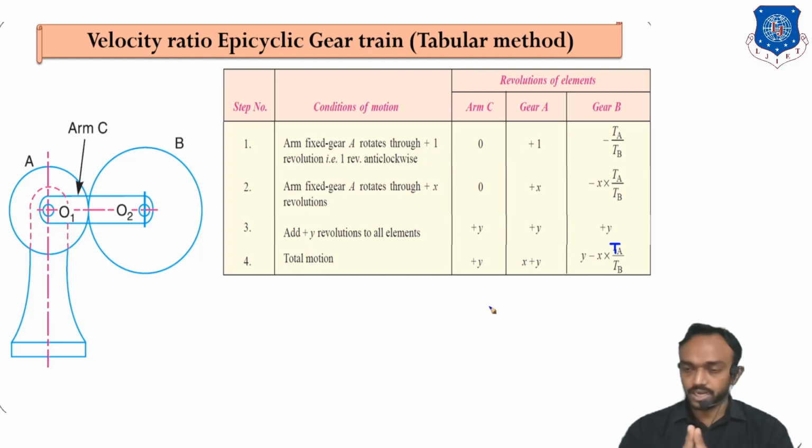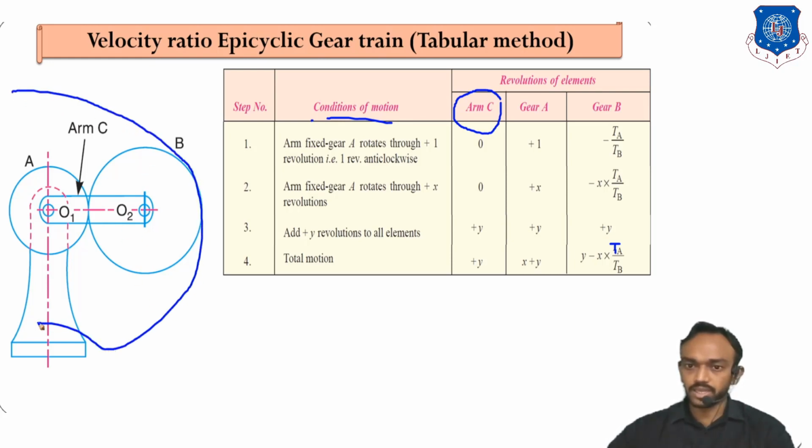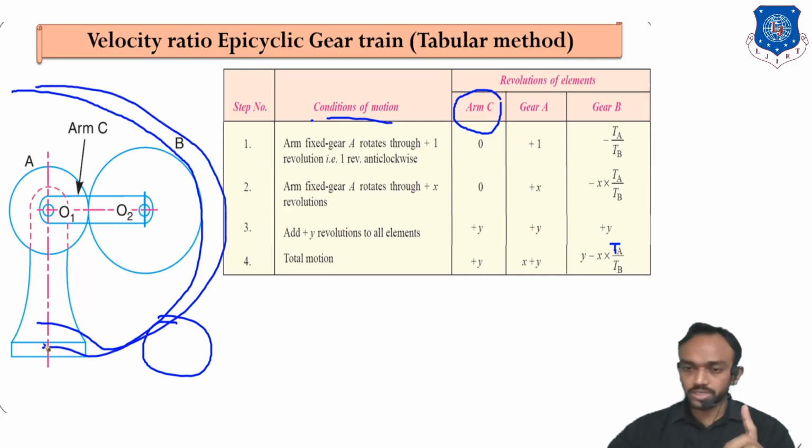So this is the method for the table of epicyclic. I will repeat it again, and I am going to show you how this table will be useful. In the second column there is a condition, and after that always write the arm. In this system other gears will be there, and among them consider one gear, maybe the outermost gear or the center wheel.